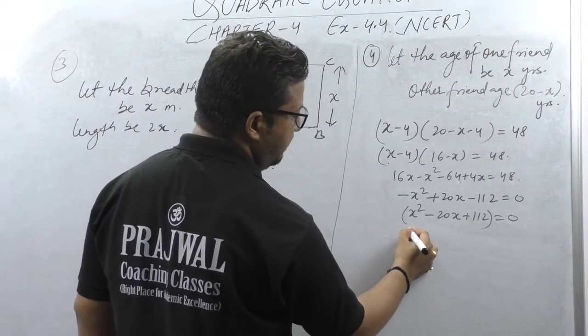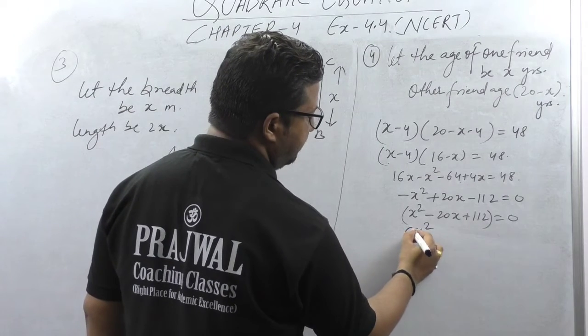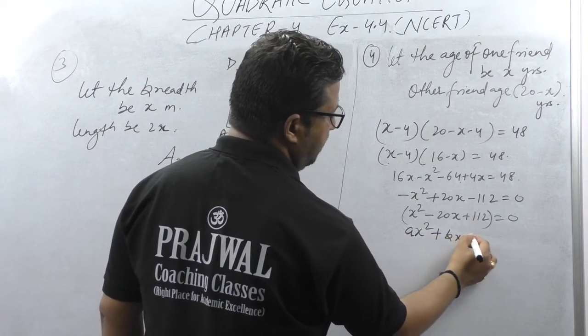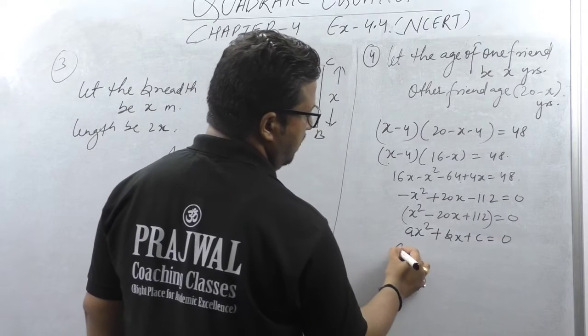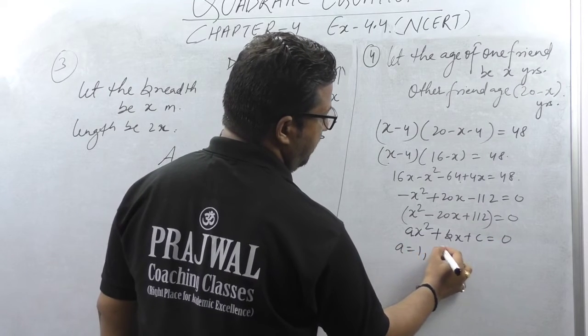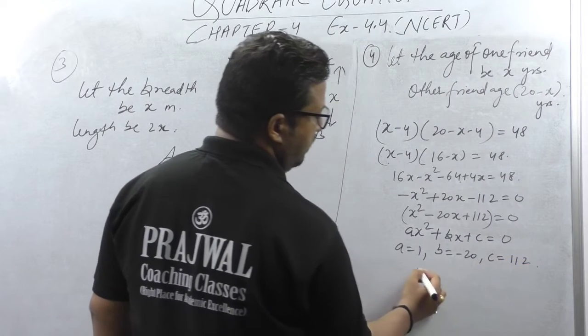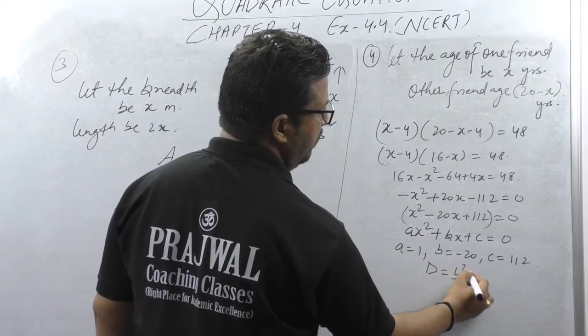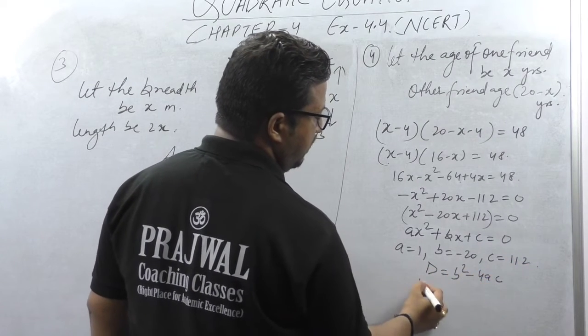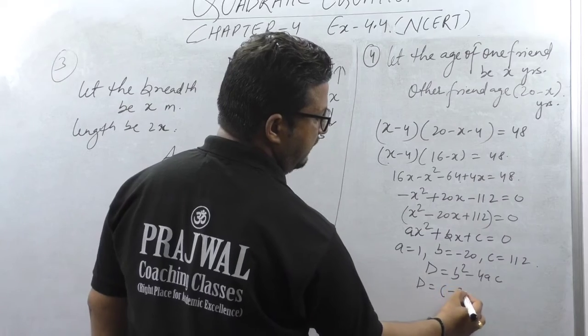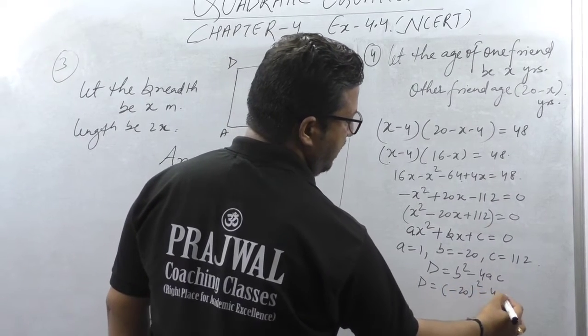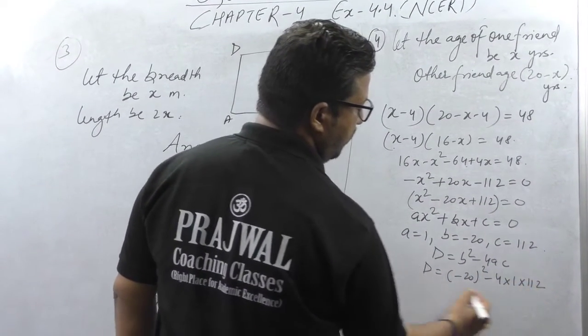So with the general equation ax square plus bx plus c equal to 0, the a value is 1, b value is minus 20 and c value is 112. We know the discriminant formula is b square minus 4ac. So here b is minus 20, squared, minus 4 times a, which is 1, times c, which is 112.